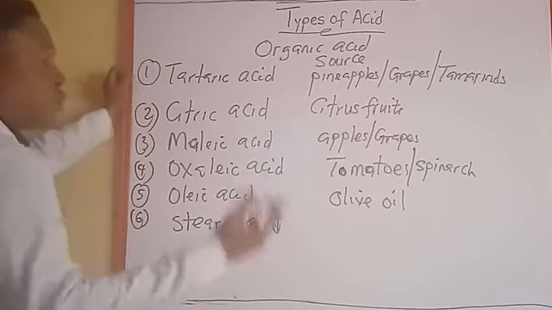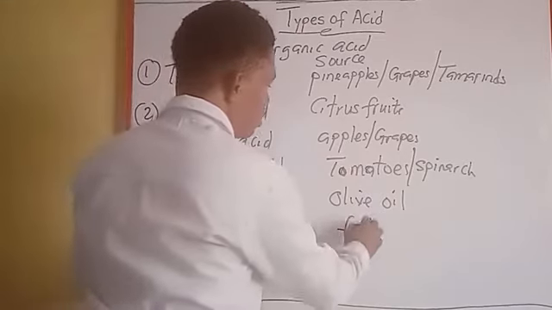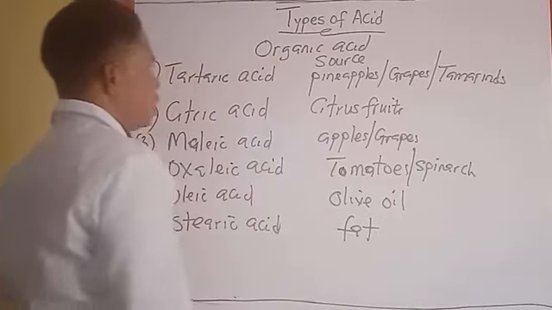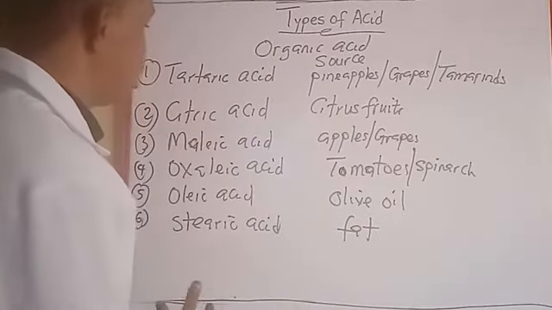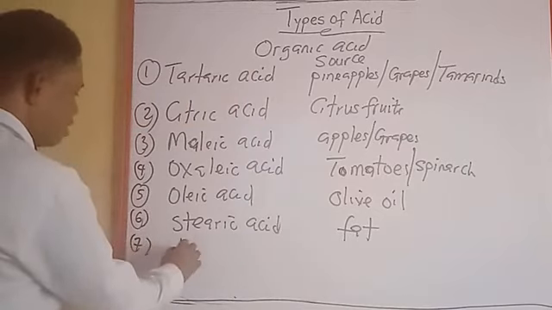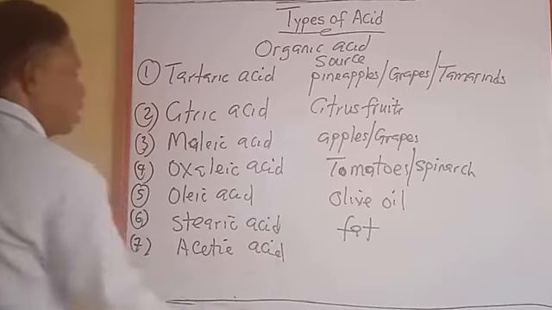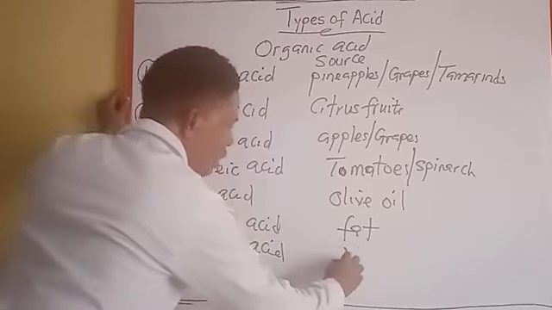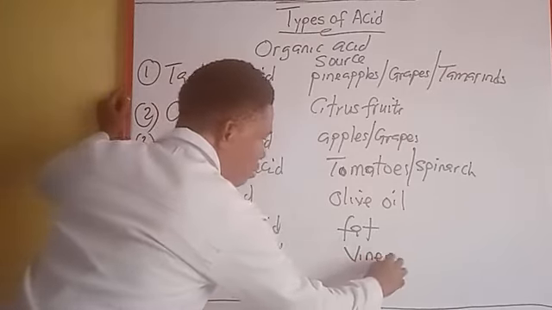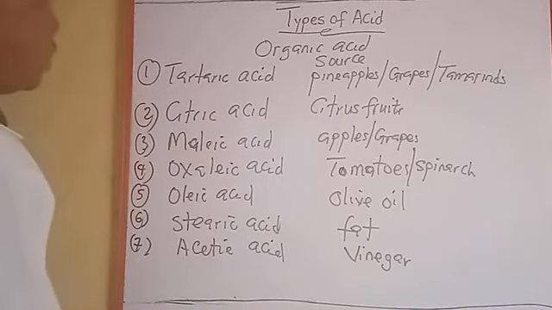We have a handful of them. The stearic acid can be found in fats. We also have number seven, acetic acid. Acetic acid can be found in vinegar.